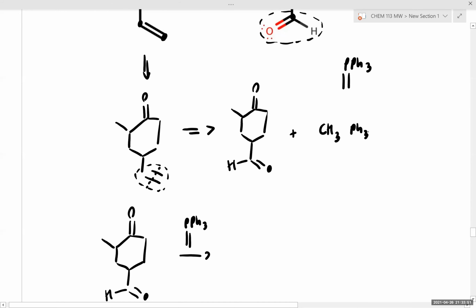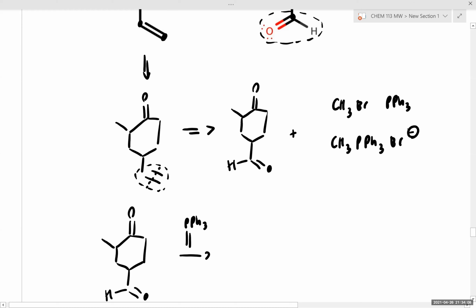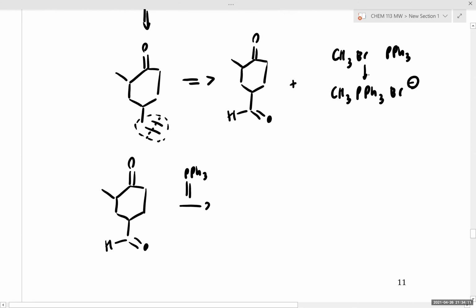Let's suppose that you start with just a normal alkyl halide. You treat it with triphenylphosphine and you'll get methyl triphenylphosphonium bromide. If you treat with butyllithium or any other sufficiently strong base, that would give you your Wittig reagent.